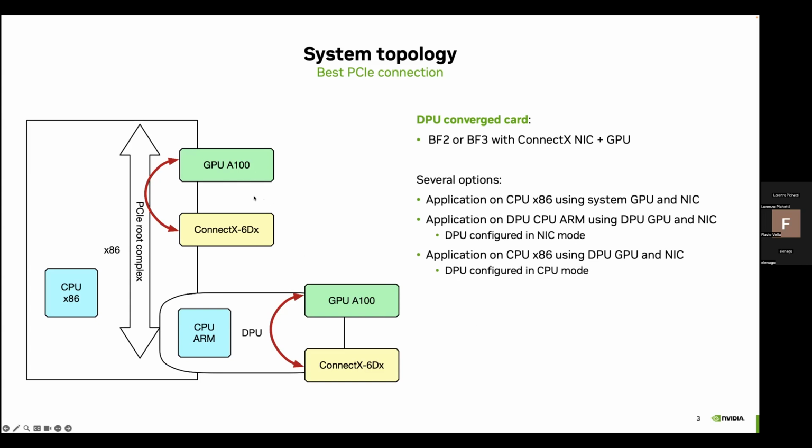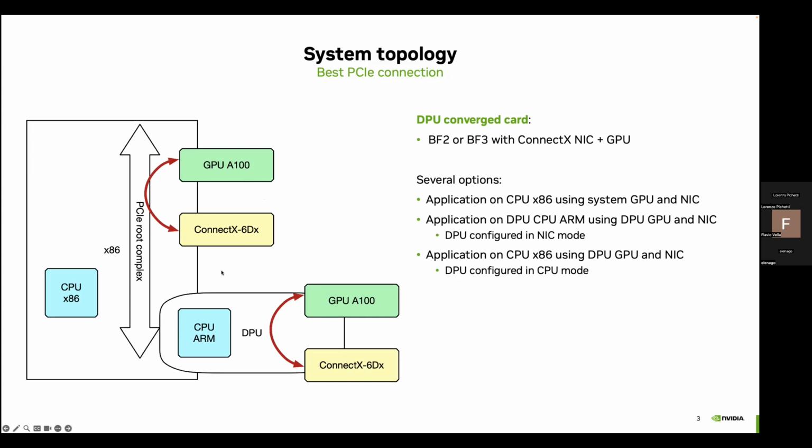As you can see here at the top of the picture, you can attach a GPU and a network card to the root complex of your host system, but you need to take care of the PCI topology, add an additional PCI switch, and be sure that you properly configured everything.